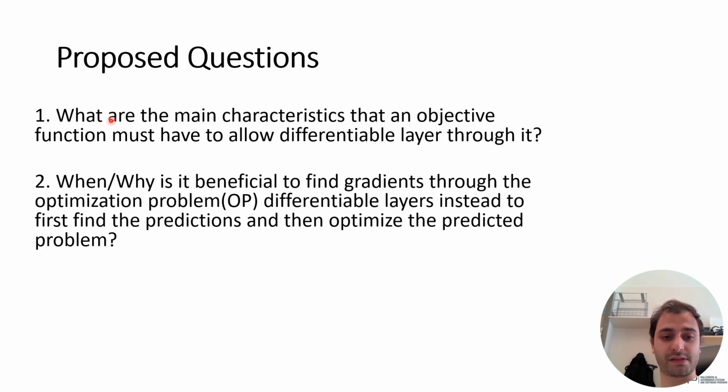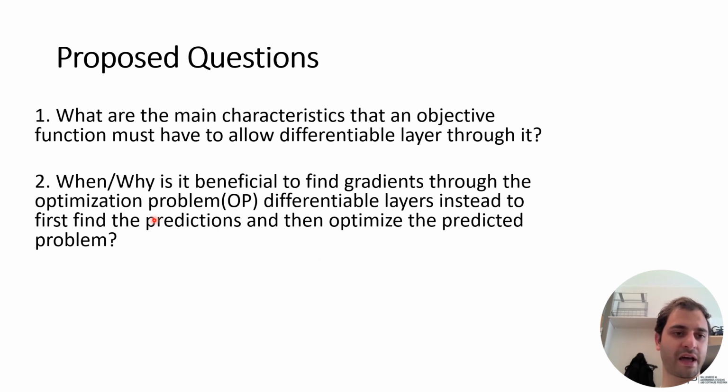Second question is, when or why is it beneficial to find gradients through the OP differentiable layers, instead of first finding the predictions and then optimizing the predicted problem? So we have seen this y hat.